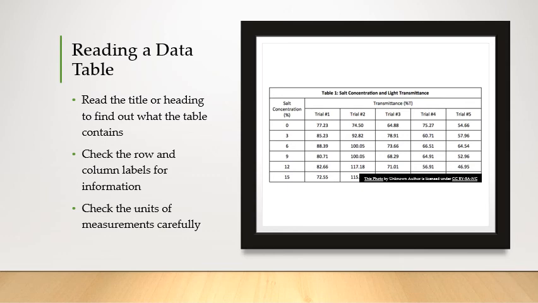When you are reading a data table, first thing you want to read is the title. Figure out what the table is talking about. So in this instance, we have salt concentration and light transmittance.